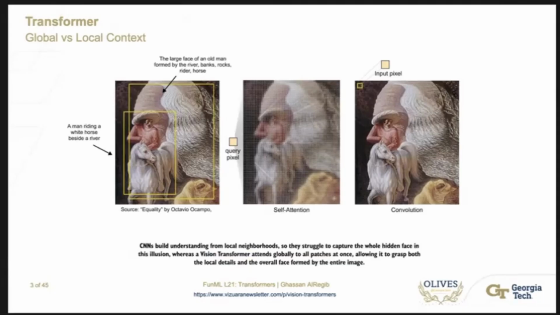And in early layers, we will not be able to associate, for example, this part of the image with this part of the image, since the receptive field of the early layers in the convolutional neural network is just the size of our filter, which is 3 by 3 or 5 by 5 pixels.